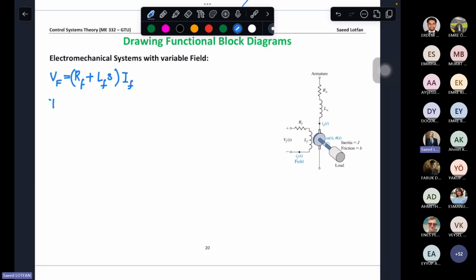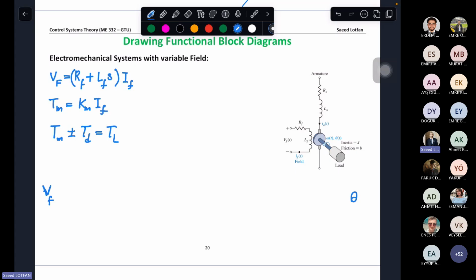And I know that TM is KM IF. And TM, plus minus some T disturbance, is equal to TL if I want to include it. I want to have the input VF and output theta in the system.